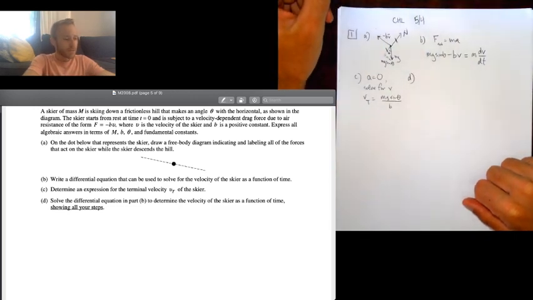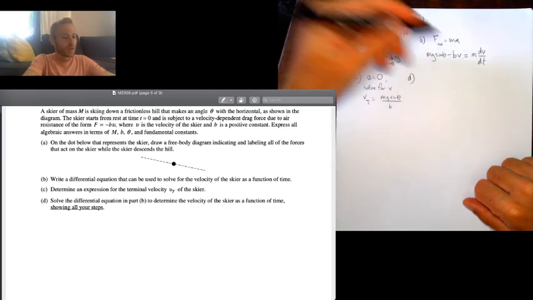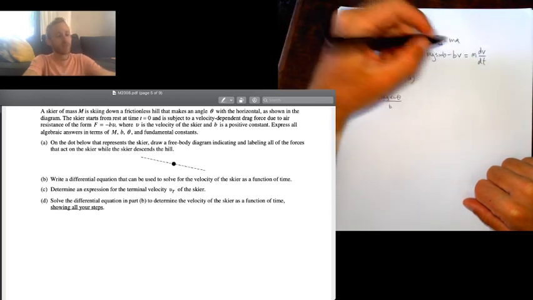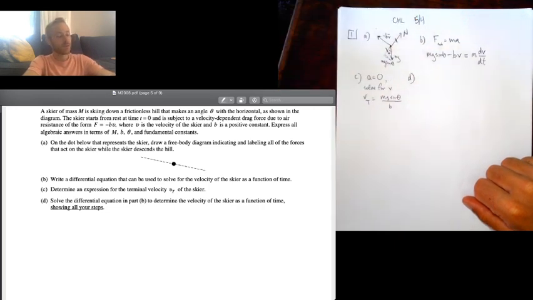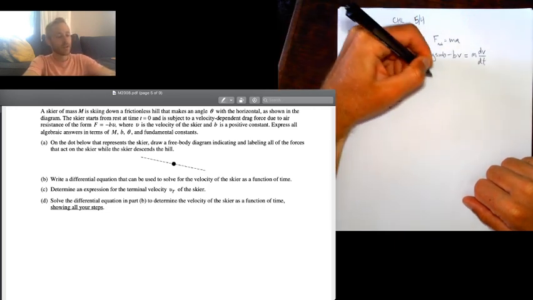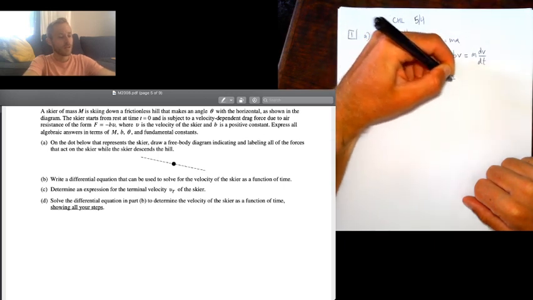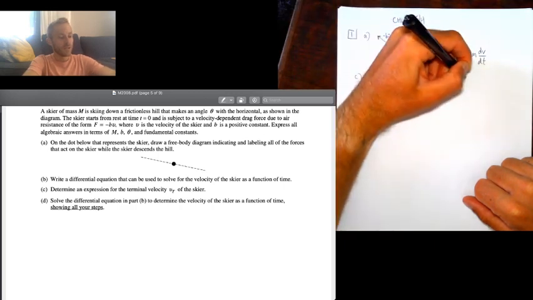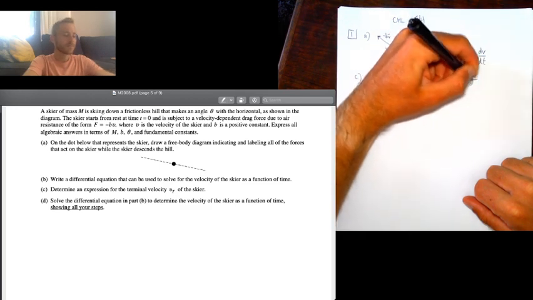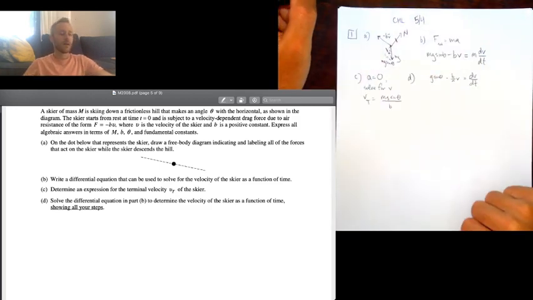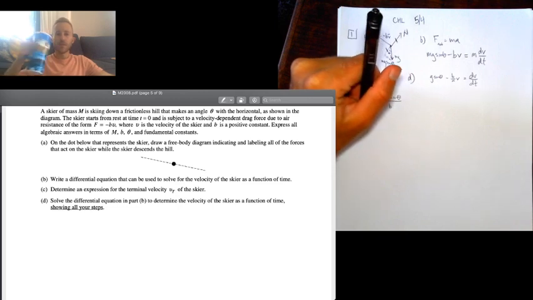All right, sounds good. So what I'm going to do is divide both sides by m, first of all. So I have g sine theta minus b over m v equals dv dt.